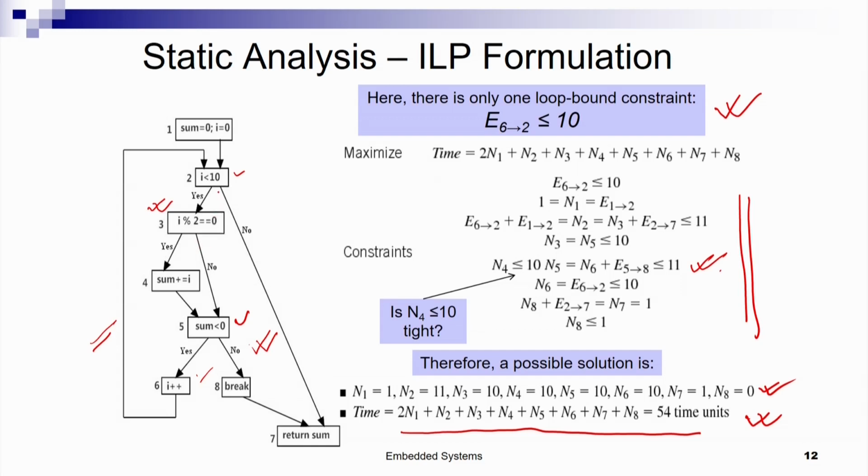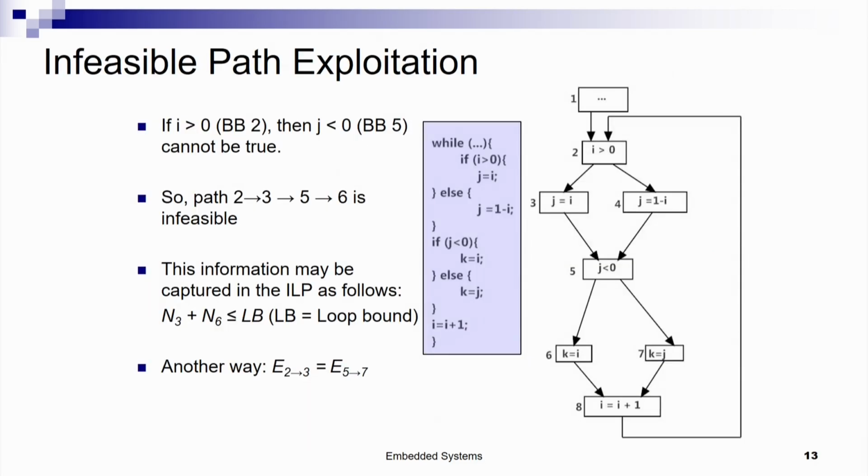If I executes 10 times, this can be taken at most 5 times, because I percentage 2 equals 0 will not become true more than 5 times in a span of 10. So, we can say that a bound on N4 is actually 5 and not 10. By doing this we can have even tighter estimates through infeasible path exploitation.